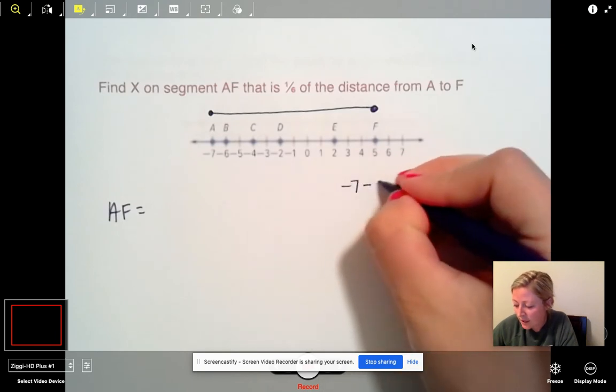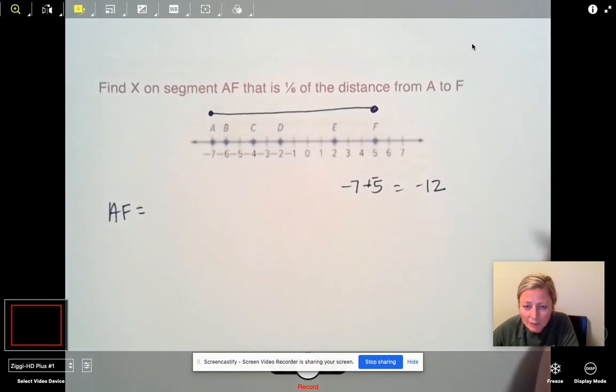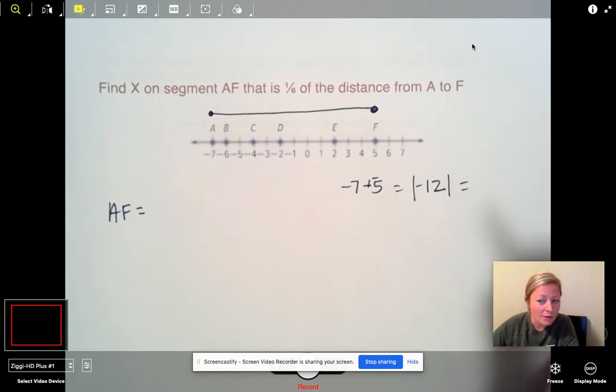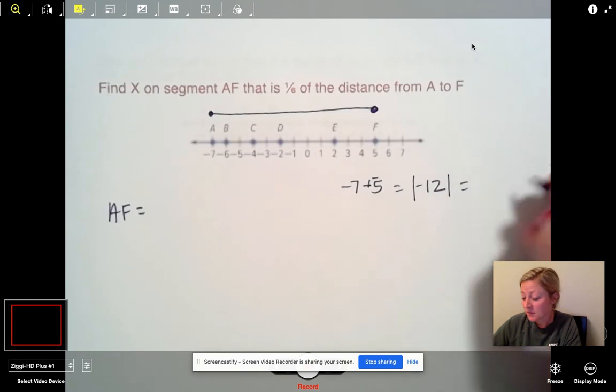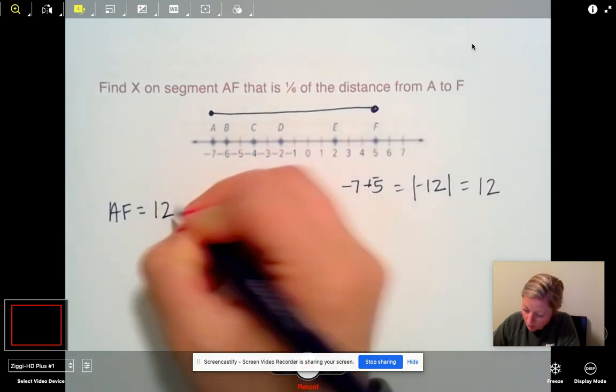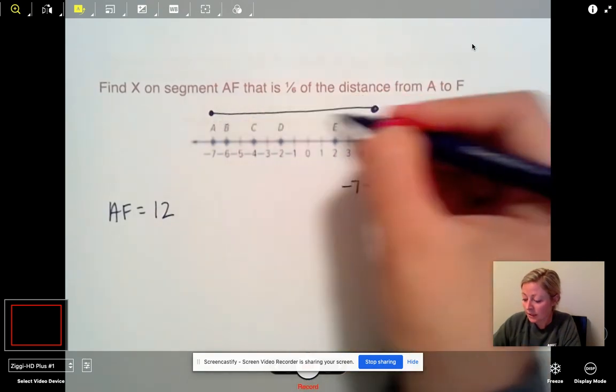So -7 minus 5 is -12. But we know, can we have a length of a negative number? Nope. So we take the absolute value. Hopefully you've seen that in your algebra course, but if not, it just means take the opposite. So the positive value is 12. So 12 is our length for A to F.